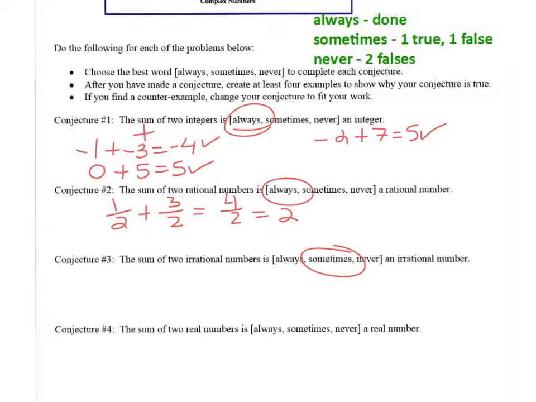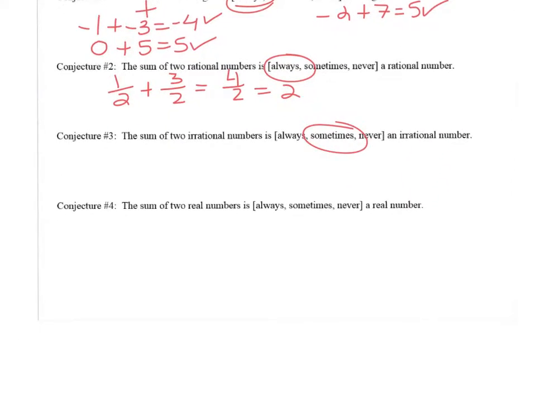So for this, we have to provide some examples. So an irrational number, something like the square root of 2, pi, square root of 3. So if I think of the square root of 3 plus pi, that's still irrational. If I do the square root of 3 plus the square root of 2, that's still irrational. Because we're only talking about adding right now.